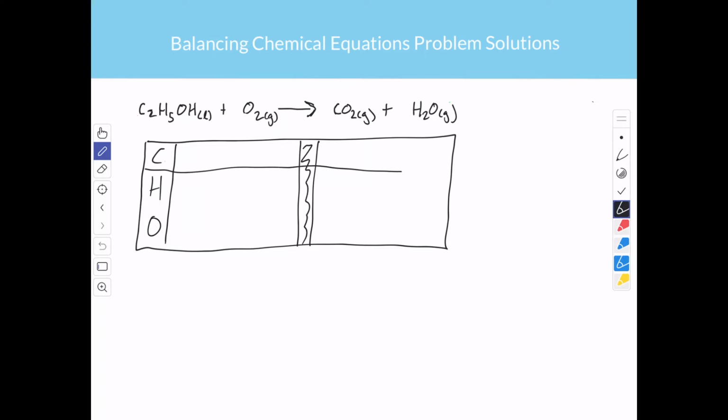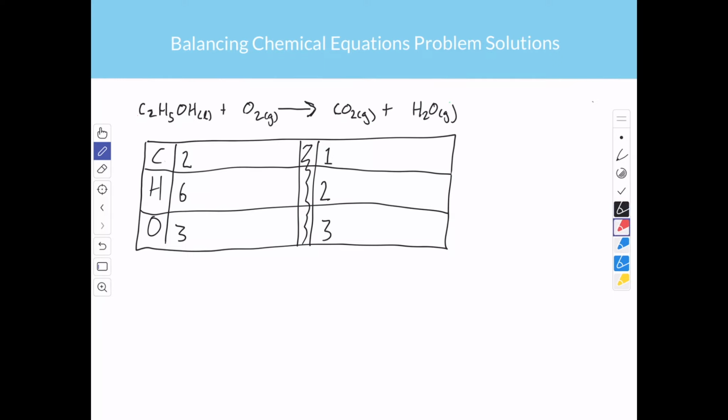Make our rows. And we'll count. So we got 2 carbons in the reactants, 1 carbon on the right, 6 hydrogens on the left, 2 on the right, 3 oxygens on the reactants, and 3 oxygens on the right.